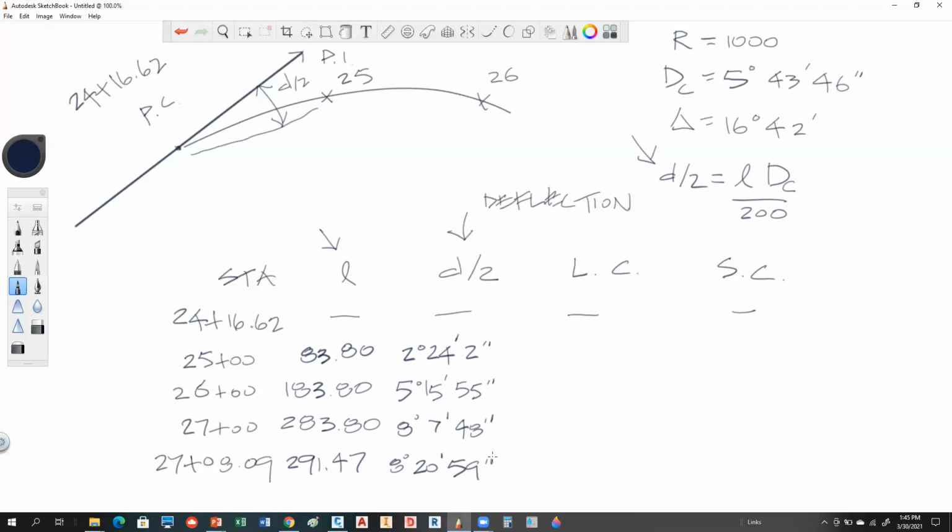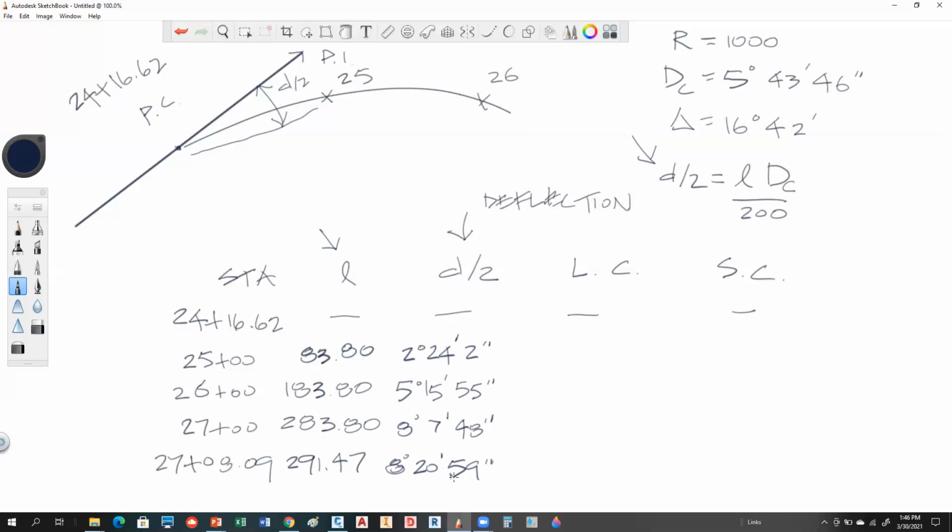Yep. Okay. So there's a geometric relationship happening here. One thing I want to point out is, what do you notice about the last deflection angle? 8 degrees, 20 minutes. Anybody see a relationship between that and our initial curve? 8 degrees, 20 minutes, basically 8 degrees, 21.